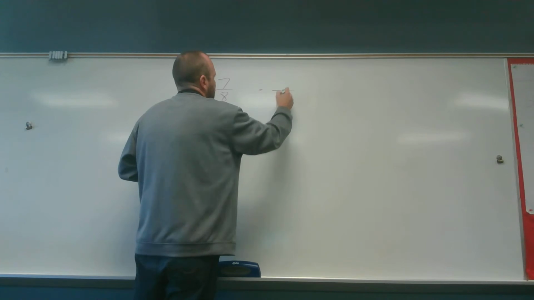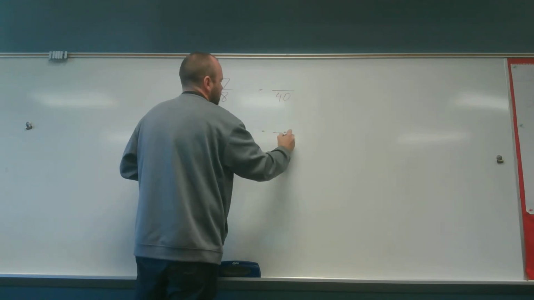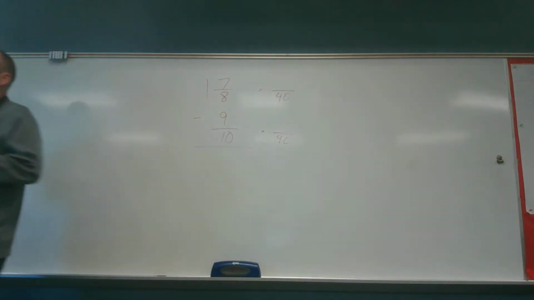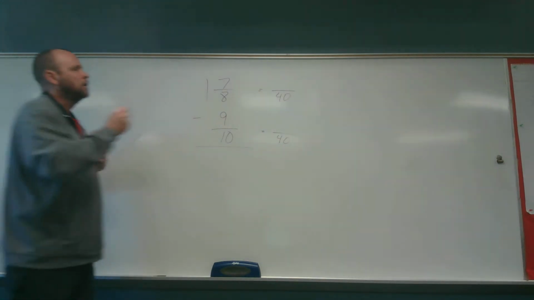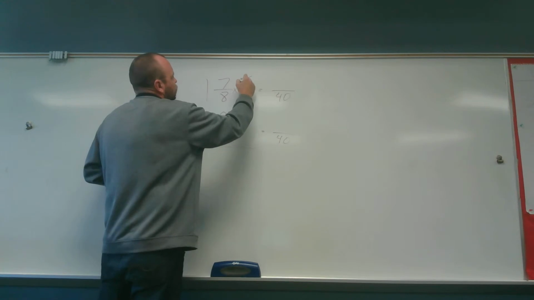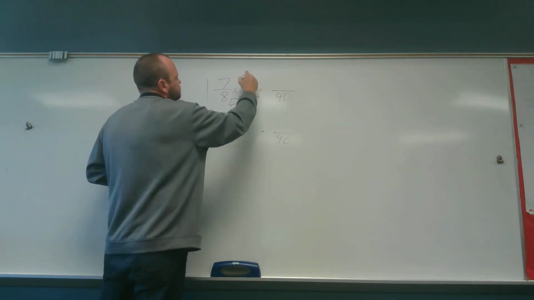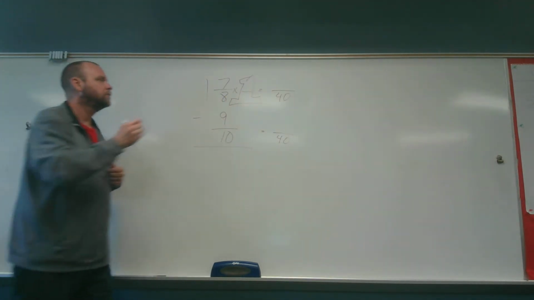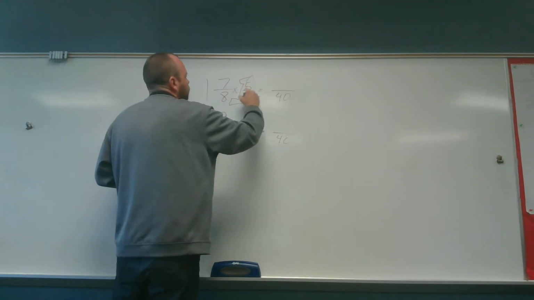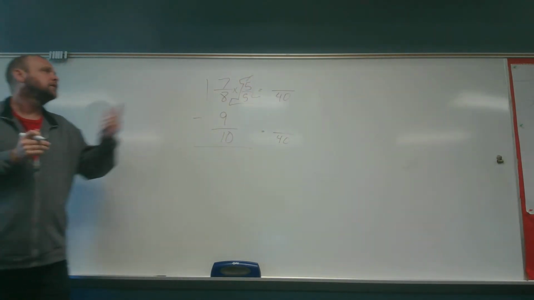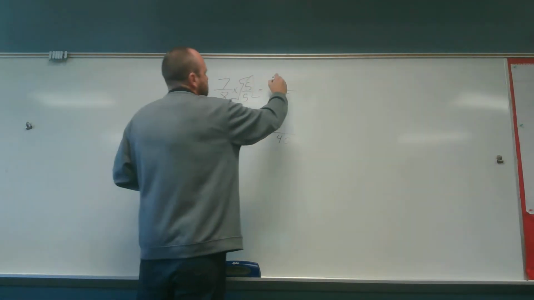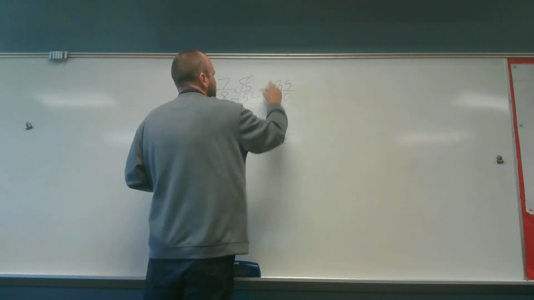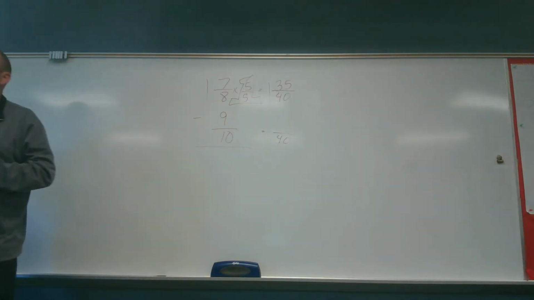So I change these so they both have a denominator of 40. Morgan, 8 times what equals 40? 5. I want the fraction to equal 1, so it's 5 over 5. Morgan, 7 times 5 is 35. So I have 1 35/40.